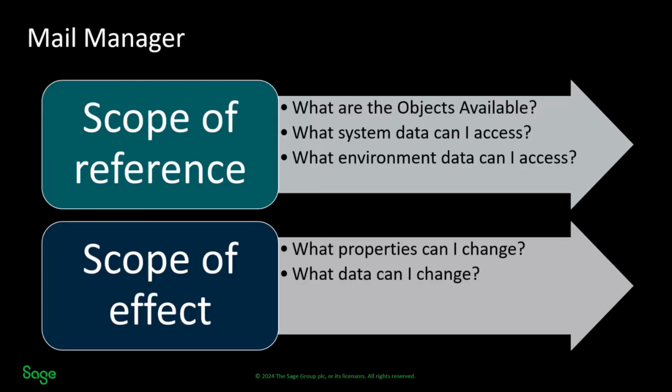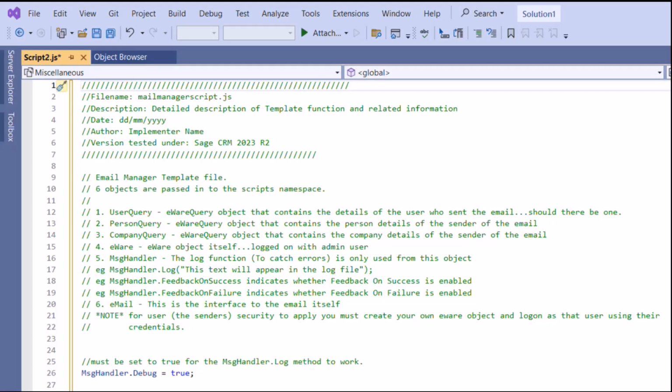Our templates have to have a recognition of the fact that there is a scope of reference and a scope of effect, and for every scope of reference, the script file is going to remind you what its scope of reference is by the passed in variables, and the scope of effect is the set of API choices that are appropriate for the mail manager.